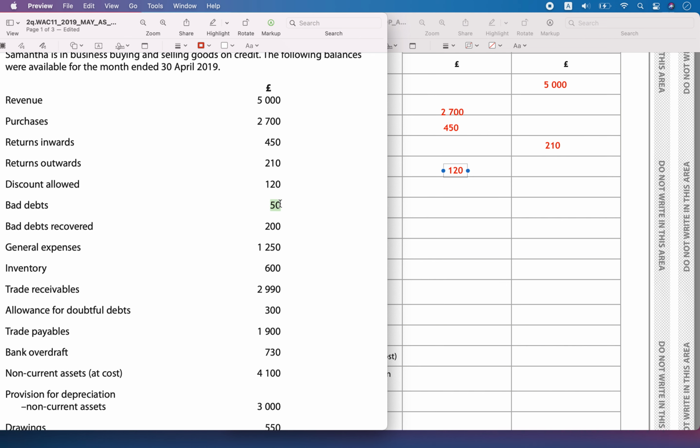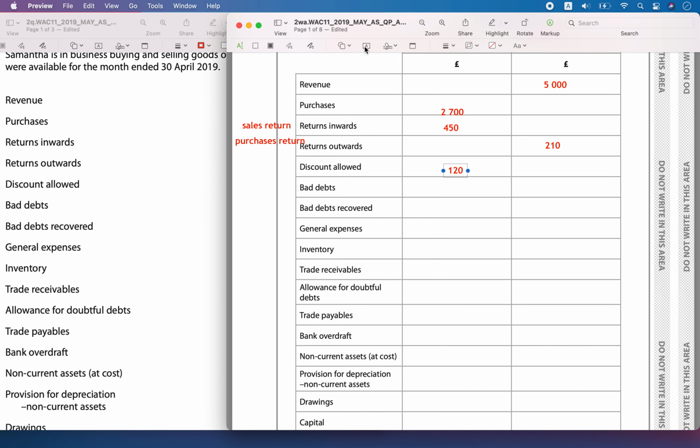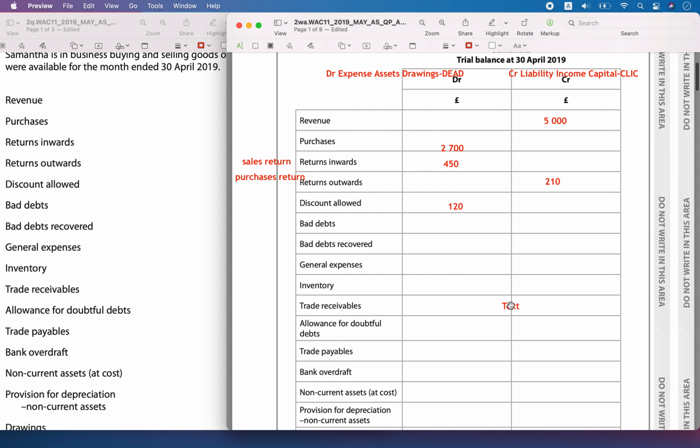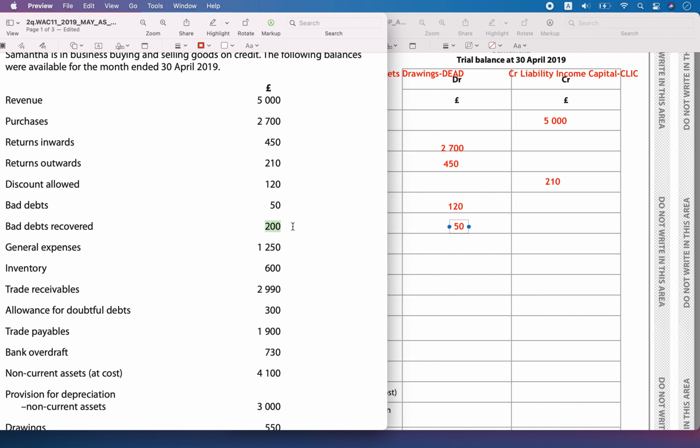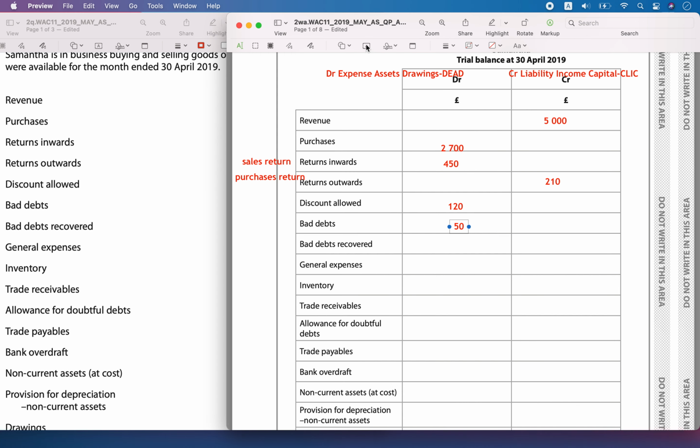Bad debt is also an expense to the business, so it is going to appear on the debit side. Then bad debt recovered. Bad debt recovered becomes an income, it's money coming into the business, so it's going to appear on the credit side.